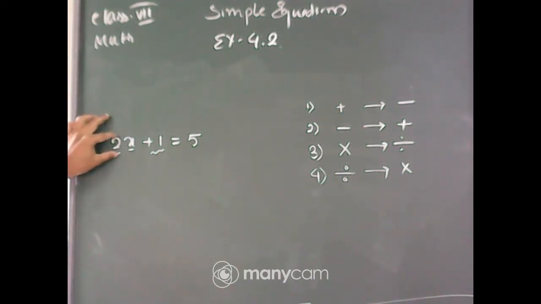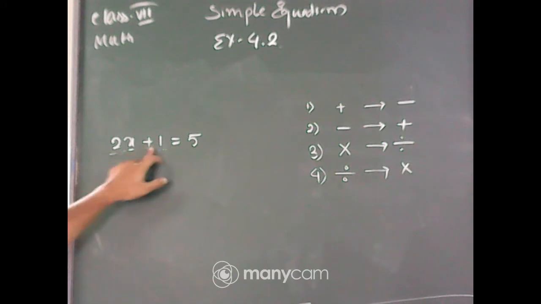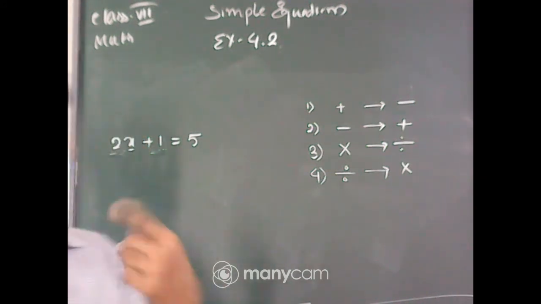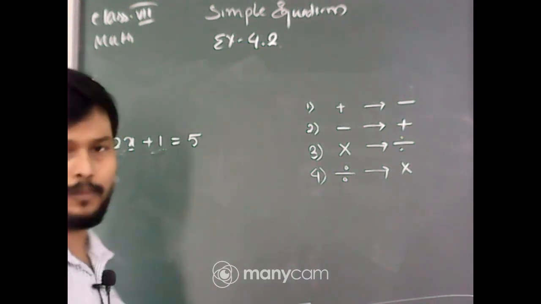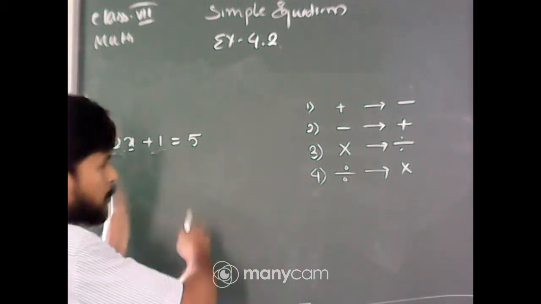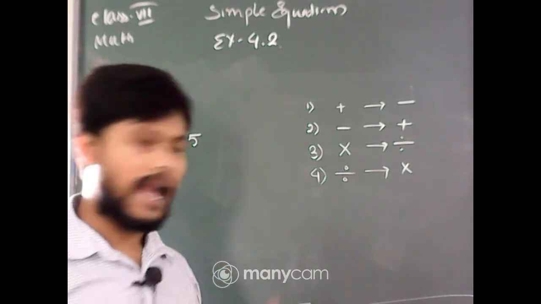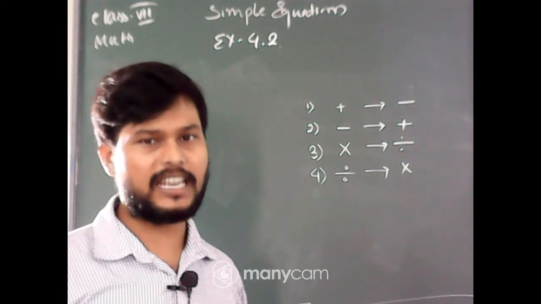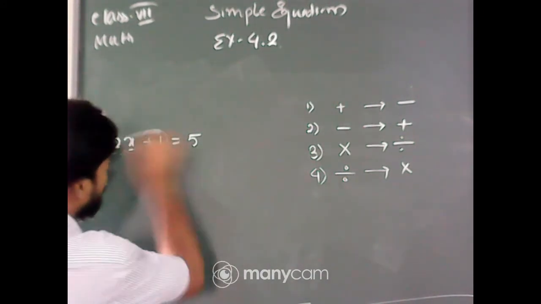But this 2 is in the form of multiplication with x and this 1 is in the form of addition with the variable x. So first priority goes to addition or subtraction. So addition and subtraction will be shifted from left hand side to right hand side first, and then multiplication and division. So first we have to remove this term, this plus 1.